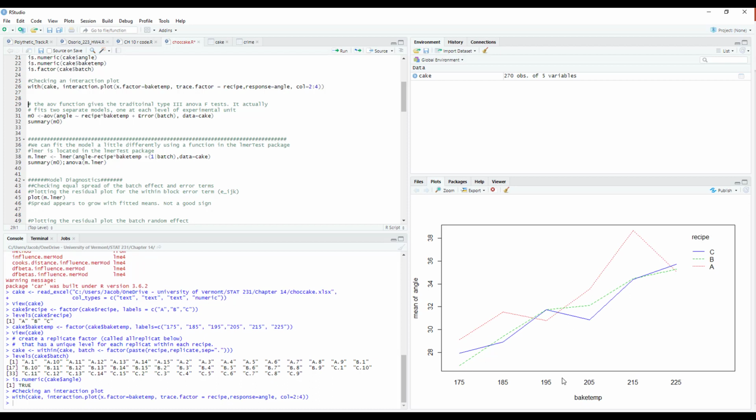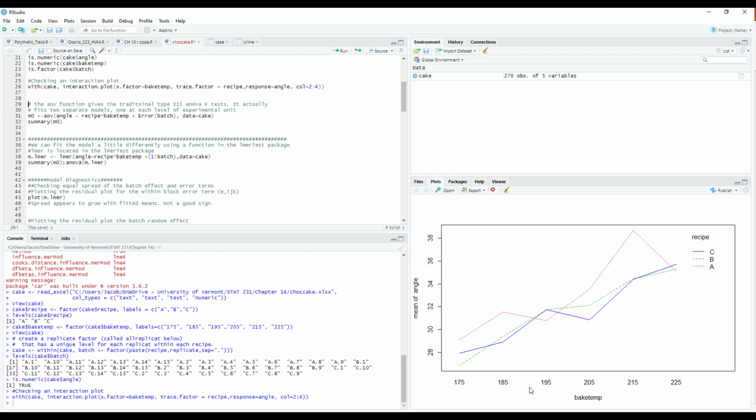And at first glance, it appears that interaction should be necessary because these lines overlap a lot and intersect. But at a second glance, it doesn't really appear that there's all that much of a difference in the break angle as far as the cakes are concerned. There's a bit of a difference at 215 for recipe A, but overall these lines are sitting on top of one another fairly closely for all 6 different temperatures.